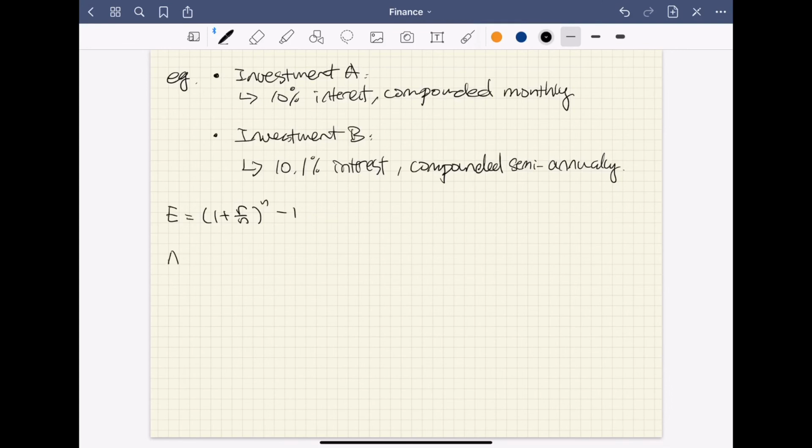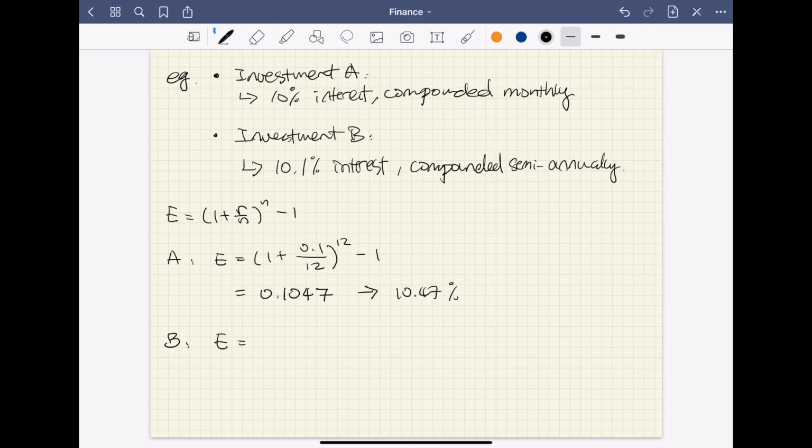So for investment A, E is equal to 1 plus 10%, so 0.1 over N. It's compounded monthly, so N is equal to 12, to the power of 12 minus 1, and that is equal to 0.1047. So this is 10.47%.